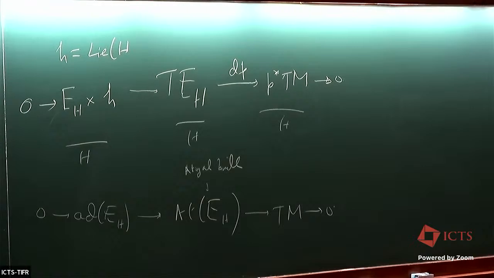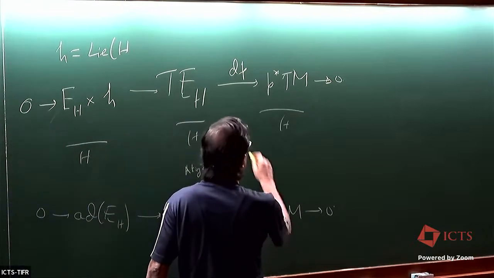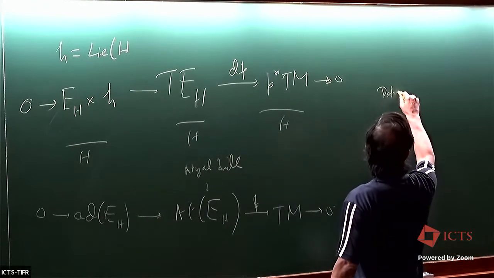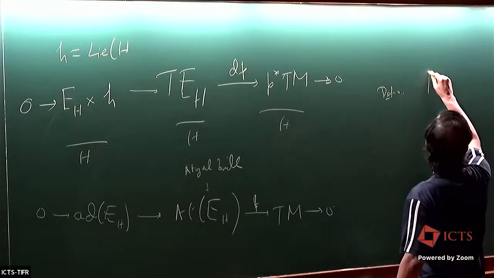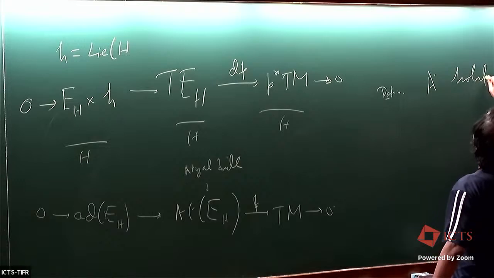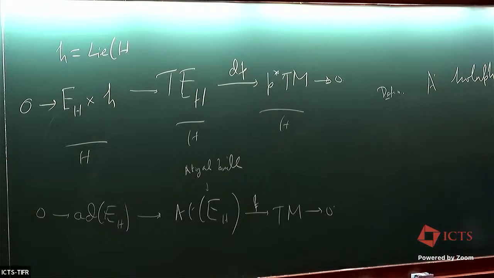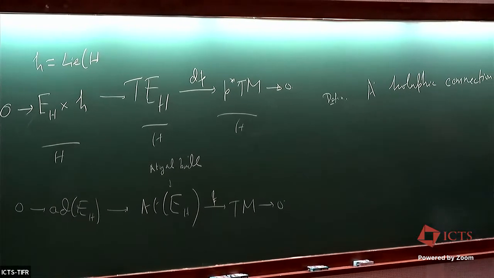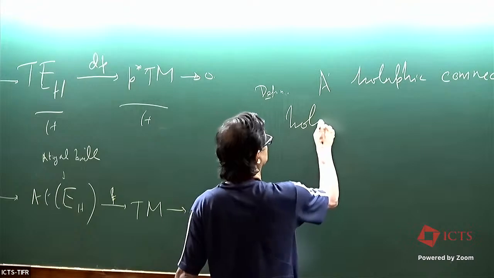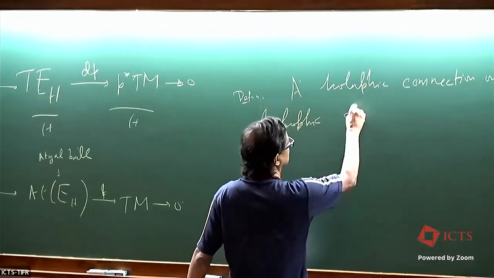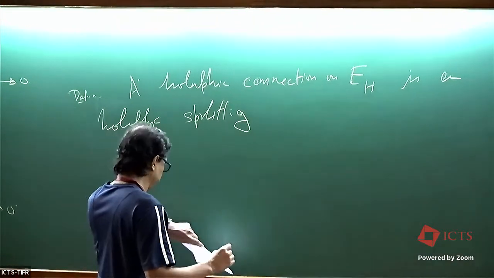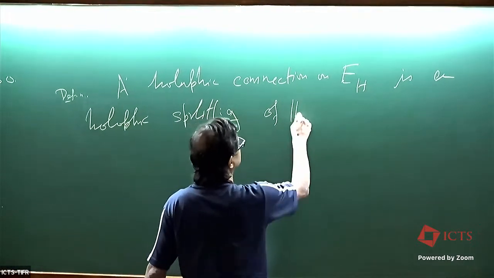Definition of a holomorphic connection. Let us call the map here d P. Definition: a holomorphic connection on E_H is a holomorphic splitting of the Atiyah exact sequence.